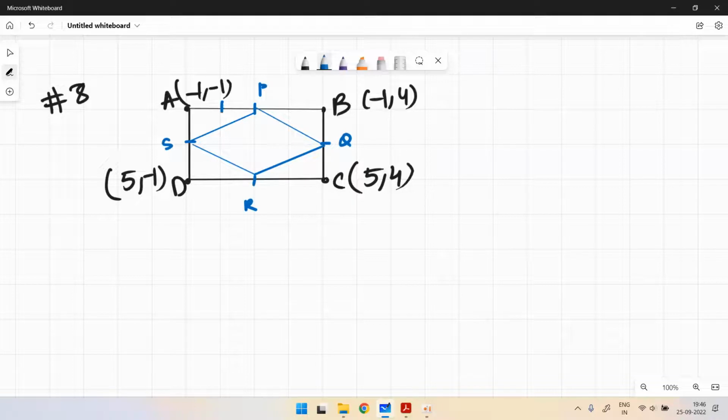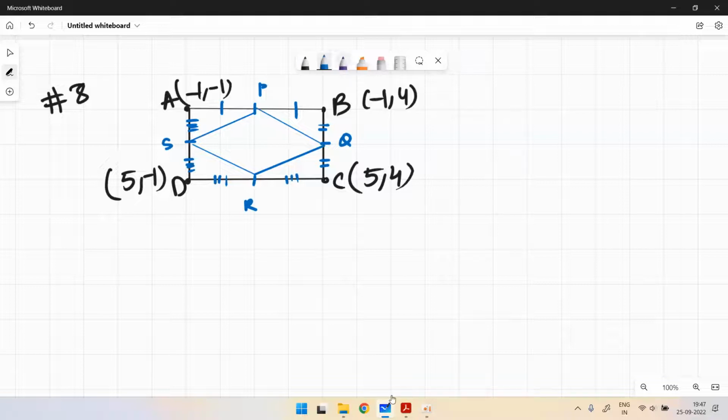From here, since these are the midpoints, this is something like this, and it is a rectangle, so AB is equal to DC.